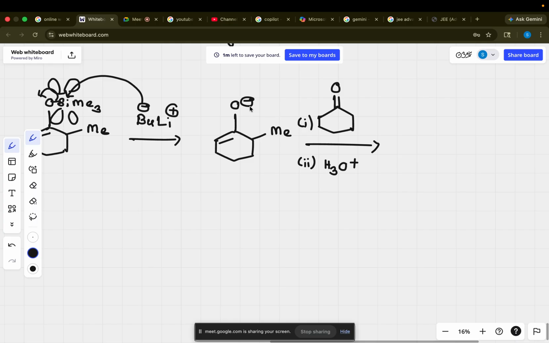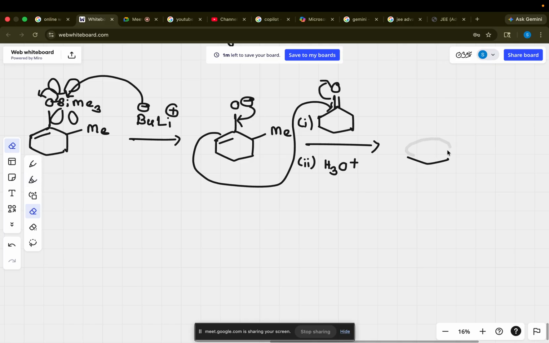The two rings will attach. So O minus, again it will back its electron density, this carbon will attack on the carbonyl carbon, this bond will break. So basically again what you are getting, okay, I have to draw this side, na. So how can I draw? Okay, just a minute.